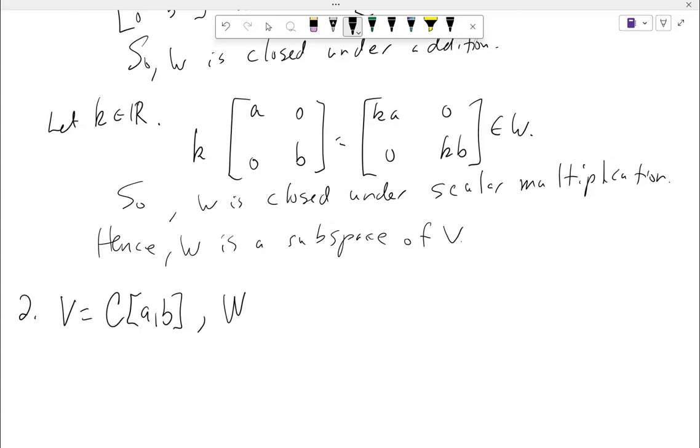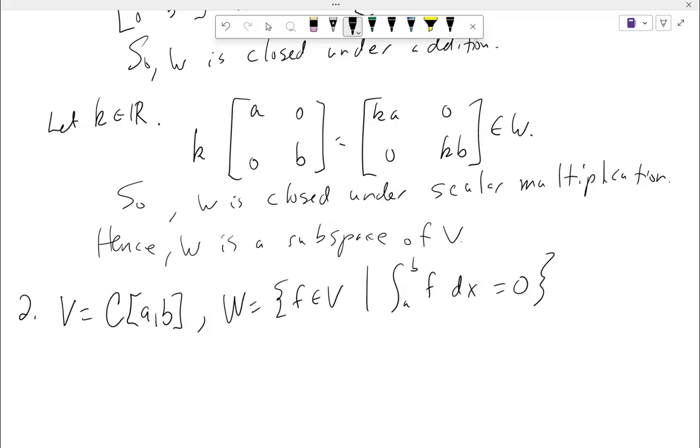The reason why we want continuous functions is because we want to make sure the Riemann integral exists. If a function is continuous, then we know we're guaranteed that the integral exists. So we're looking at the set of all functions that have integral 0 over the interval.